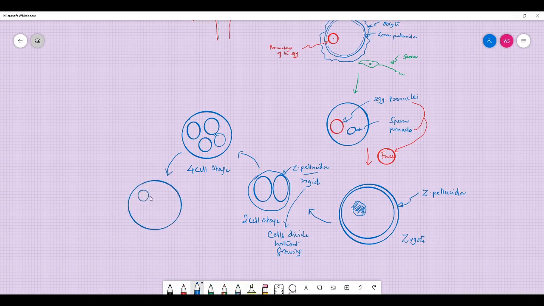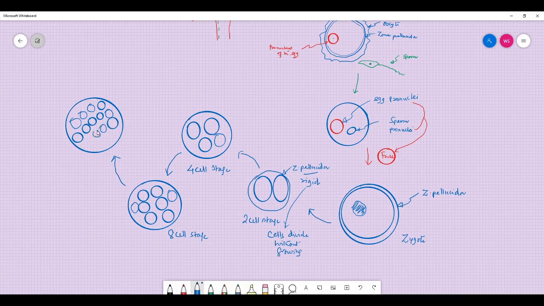From the four cell stage, it becomes an eight cell stage. From the eight cell stage, it becomes a 16 cell stage.